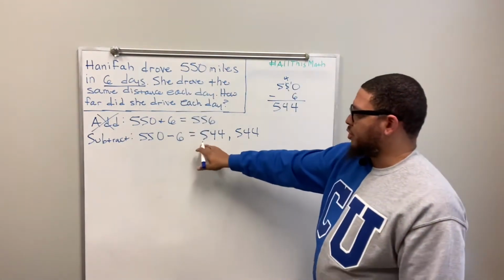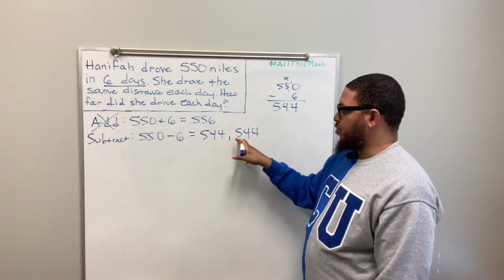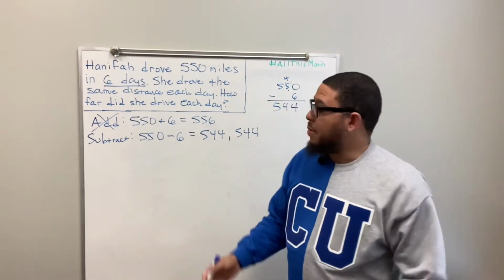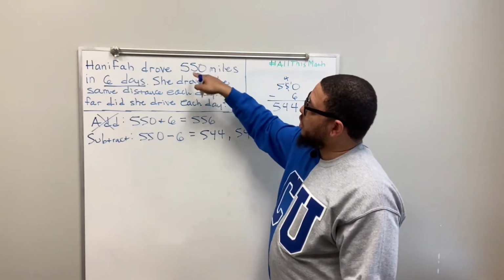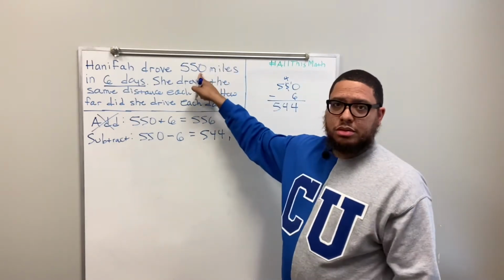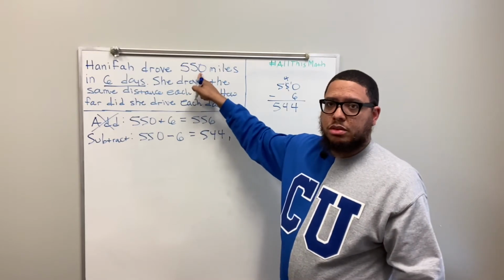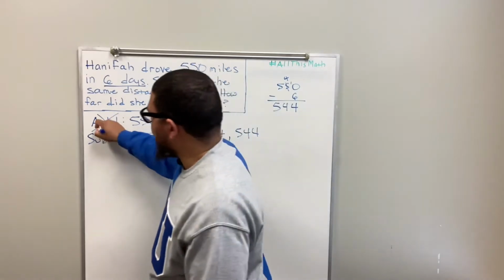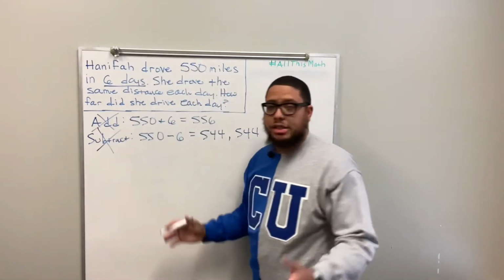Because if you drive 544 miles and then another 544 miles, you're already over 1,000 miles in driving. But the problem says she only drove 550 miles, right? So again, this is another operation that we can eliminate. Subtraction is not going to help us.